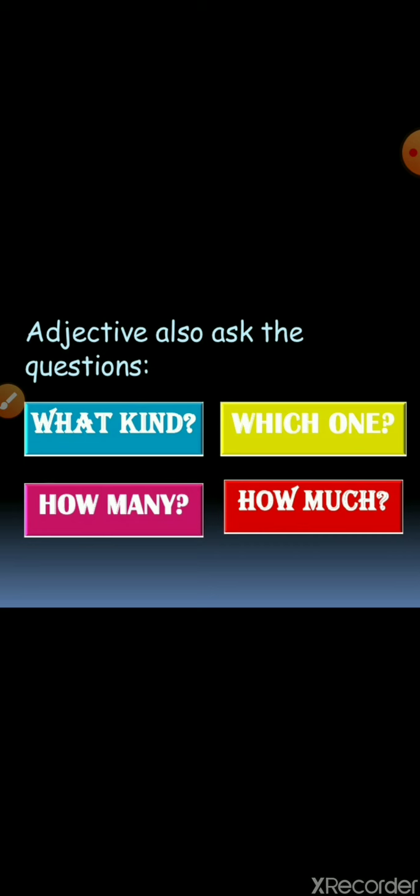Adjectives also ask questions somewhere: what kind, which one, how many, how much. When we make a sentence using question words or WH words, asking some question with a question mark, it's an interrogative adjective.